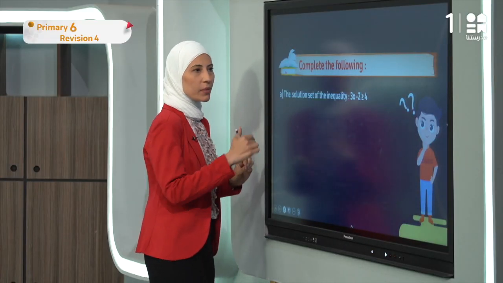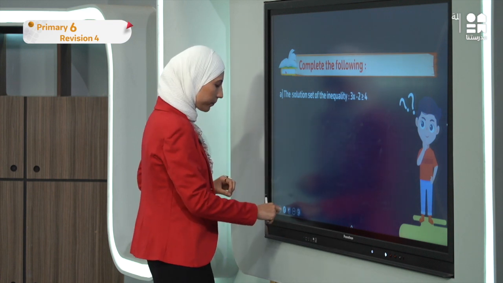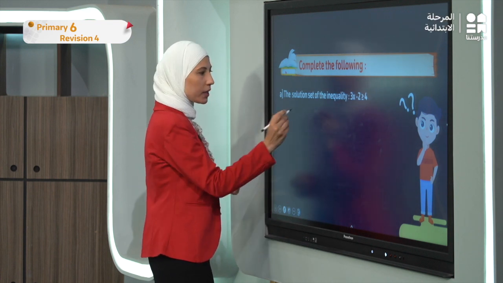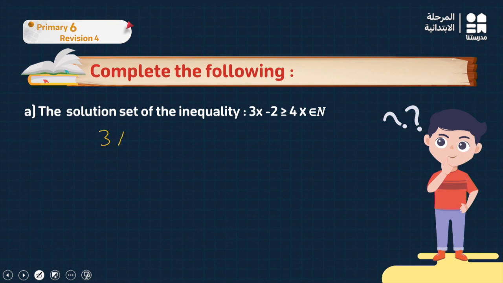طيب أول حاجة هنعملها إيه؟ أنا عندي 3x minus 2. So minus 2, I want to simplify to make it plus 2. And when I make something in a side, I'm supposed to do the same in the second side. عملت هنا plus 2, يبقى I am going to make plus 2.